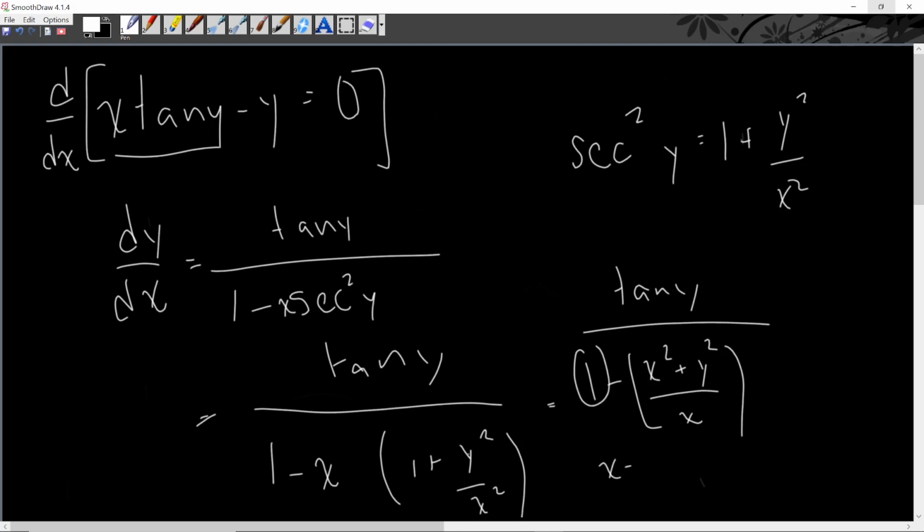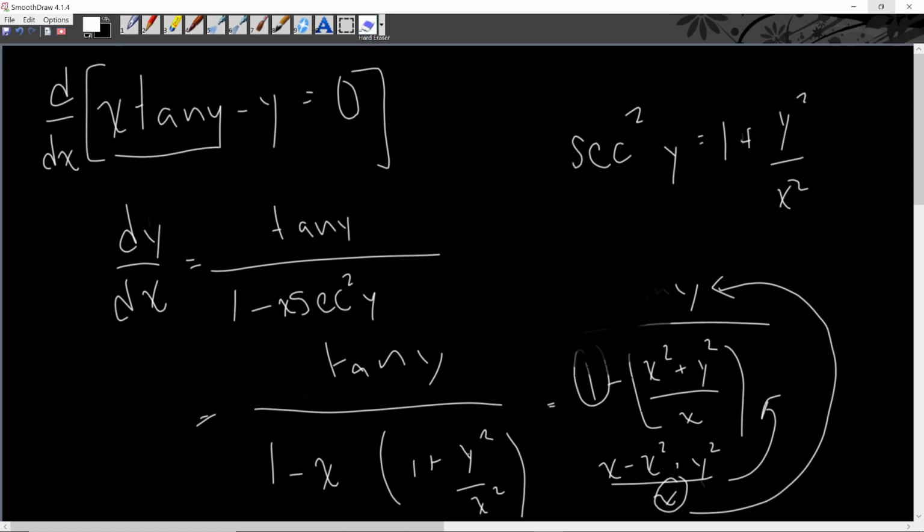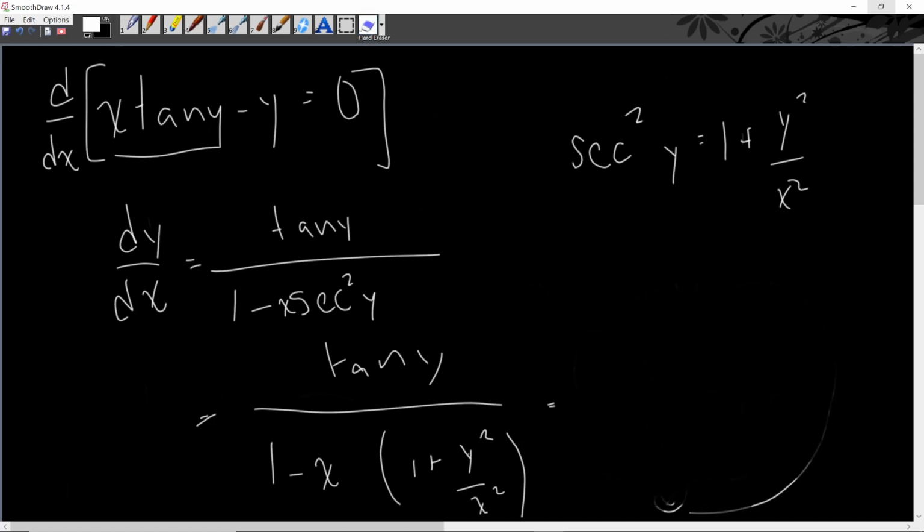We have x minus x squared plus y squared over x in the denominator, which means that we can actually bring this x all the way up to the numerator when we flip these fractions. So we're going to be left in the end, after all this somewhat unnecessary manipulation, with x tan y over x minus x squared minus y squared.